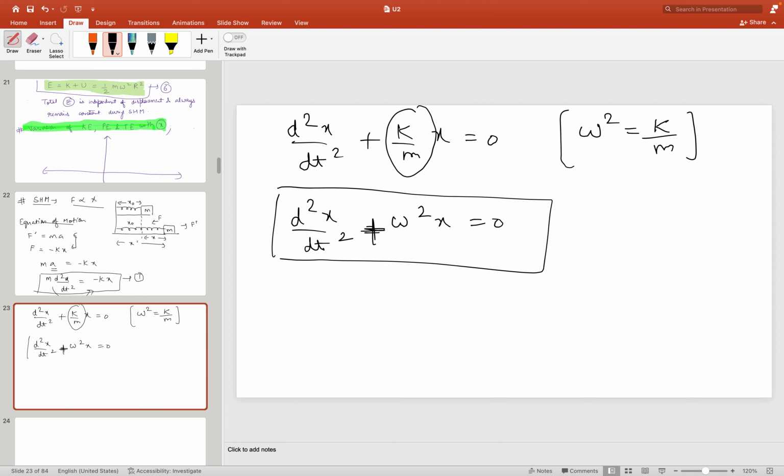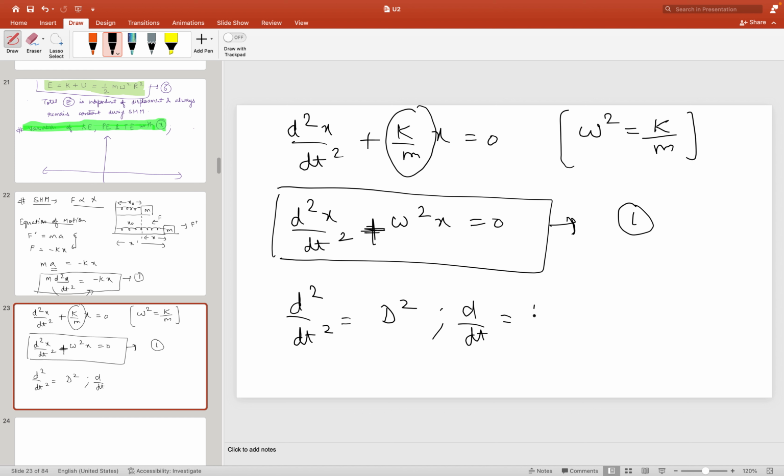Now we will be applying the differential equation. Has differential equation been studied by you all in the maths class? How to solve a differential equation? We take d2 by dt square as D square, and we take d by dt as D here. So we have a double derivative of x, which is a displacement term, so I can represent it in the format D square x plus omega square x is equal to 0.